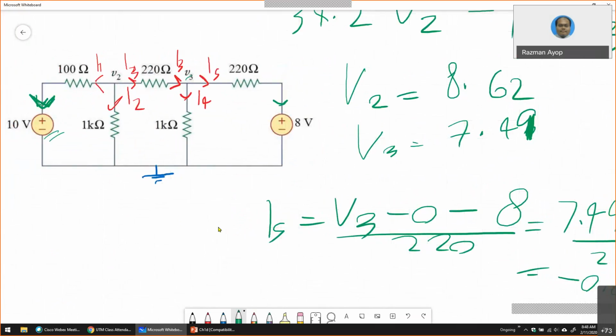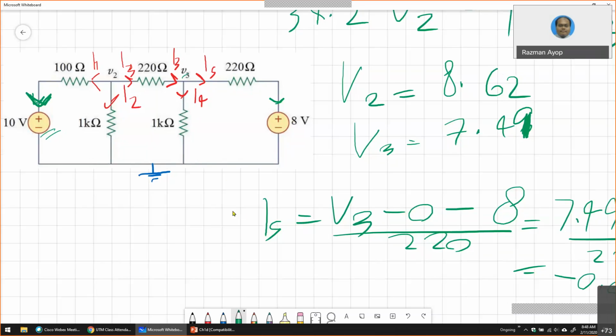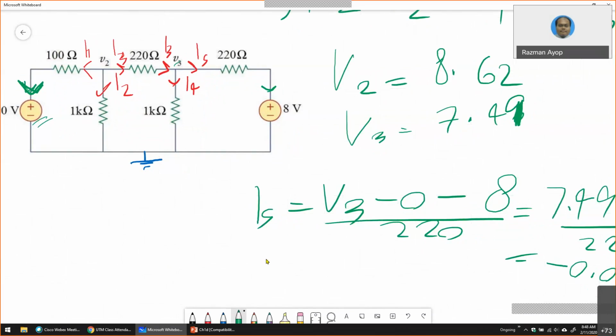Oh, because I just simplify it because minus 0 is just nothing, right? If you want to write it, it's also okay. But if you don't want to write it, it's also okay, because it goes to the ground. So ground is 0. Automatically, you just cancel it. Okay. Thank you, Doctor.